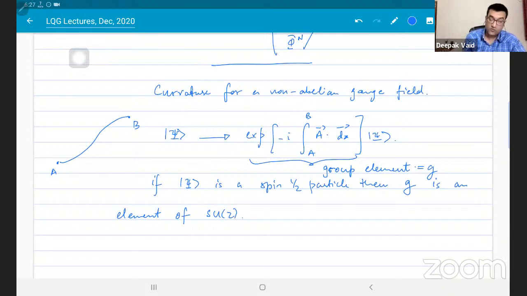And how do I write down an element of SU2? Well, SU2 has a certain Lie algebra, I will write it like this.